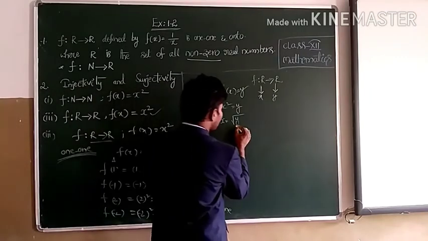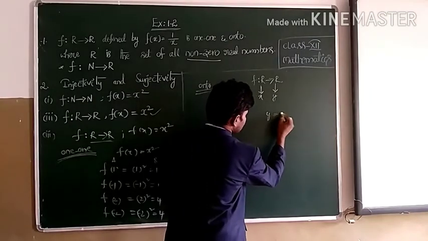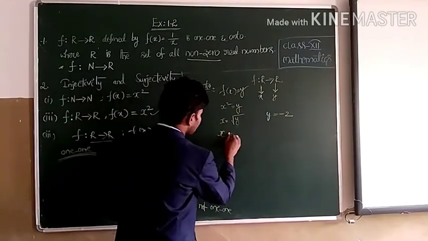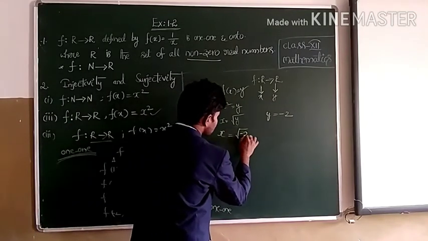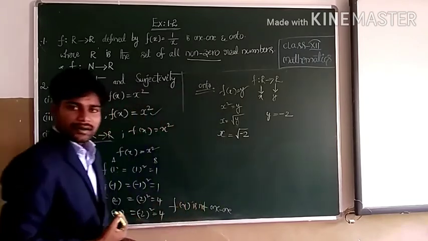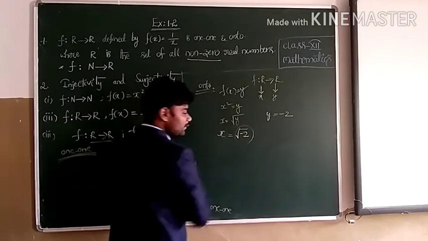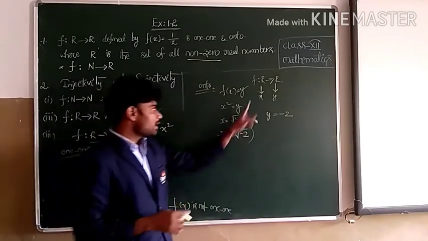Now, if I consider y is equal to minus 2, then x is equal to root of minus 2. The root of minus 2 is not defined. It is not a real number.